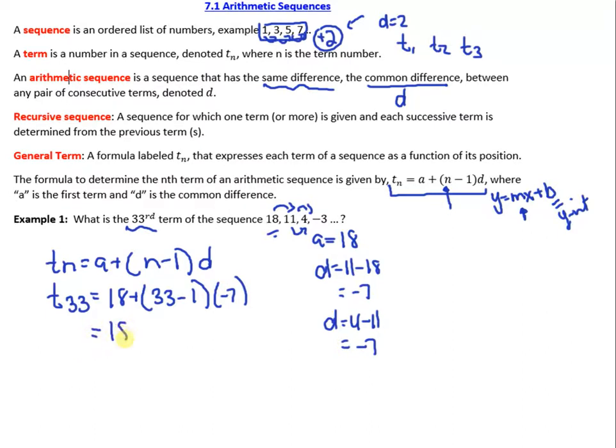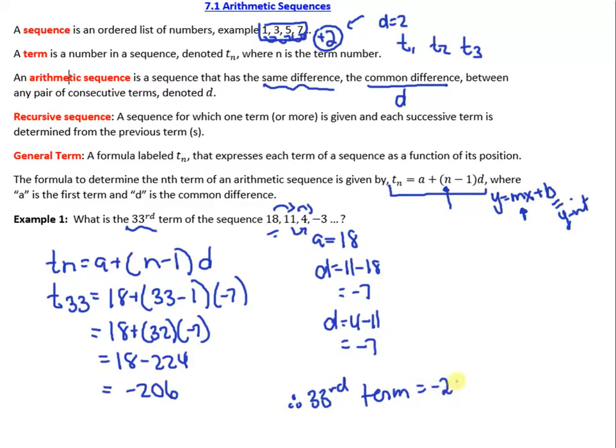So let's go 18 plus, and then multiply 32 times -7. 32 times -7 is -224. I get -206. So the 33rd term is -206. And you put 33rd term equals -206.